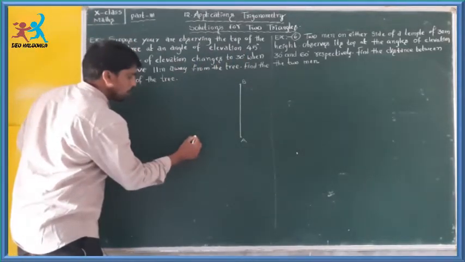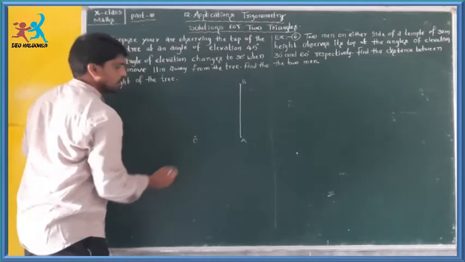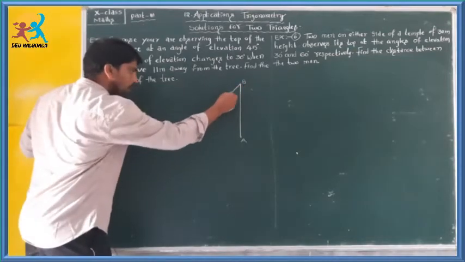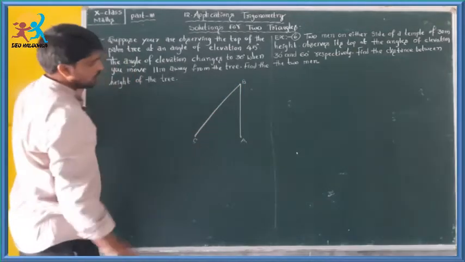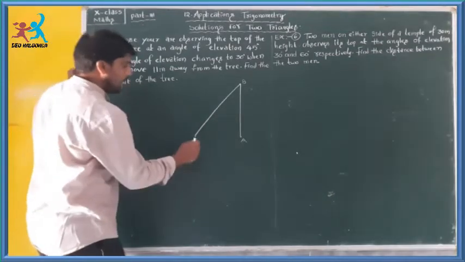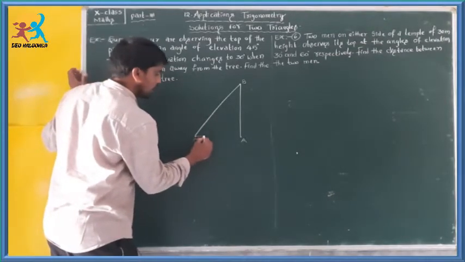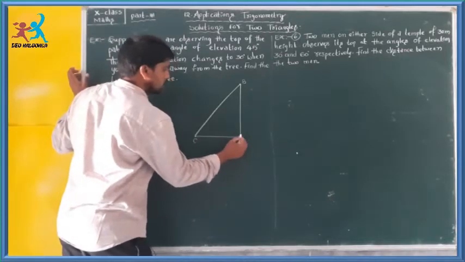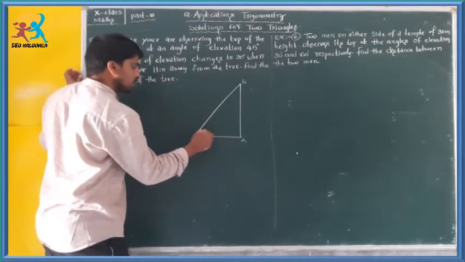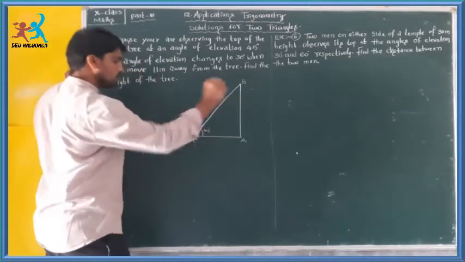Suppose you are observing from point C to the top of the palm tree, and draw a horizontal line through the observation point. The angle of elevation is 45 degrees.